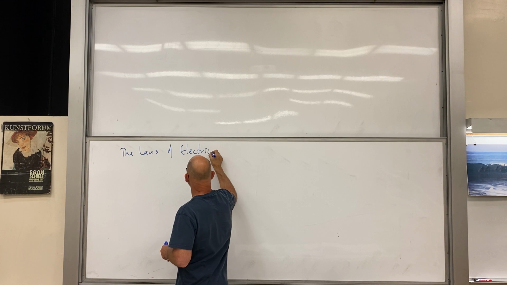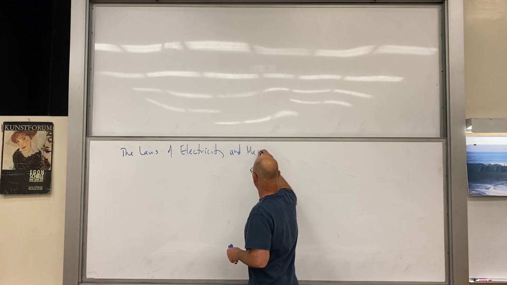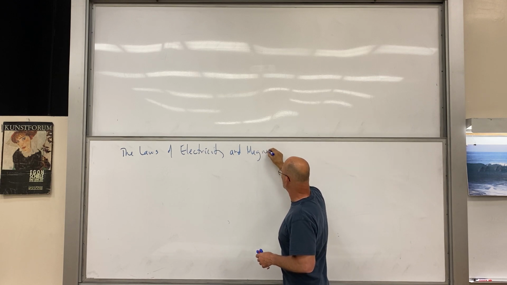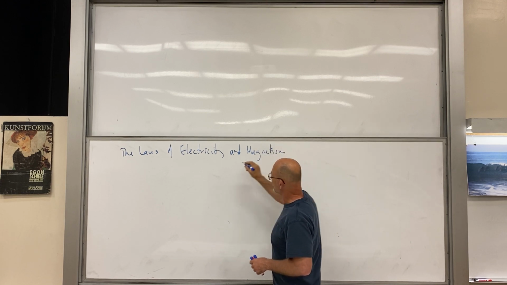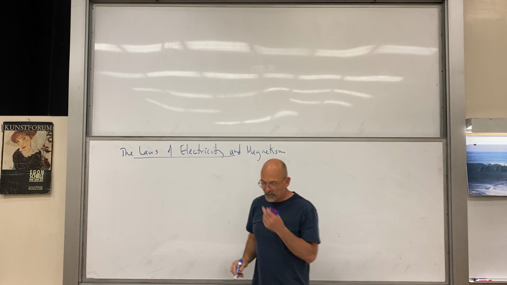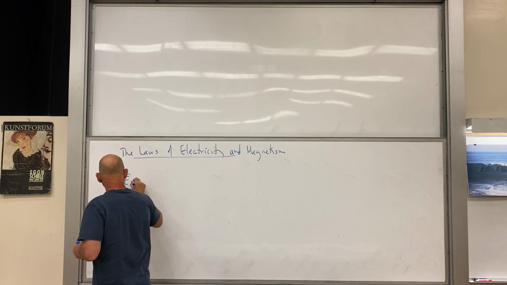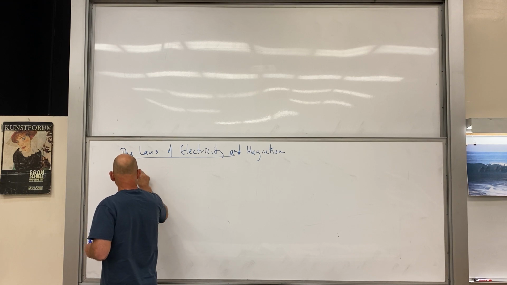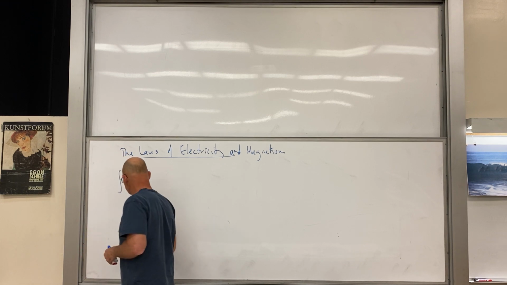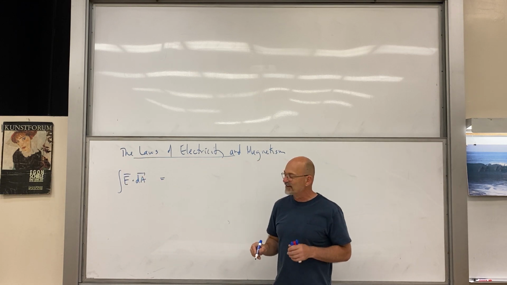This may be what I had on the board last time, but I think I'm taking an extra step. Okay, so the laws of electricity and magnetism, these are in integral form. We have Gauss's law, the flux of the E field through a surface is equal to the charge enclosed in that surface.